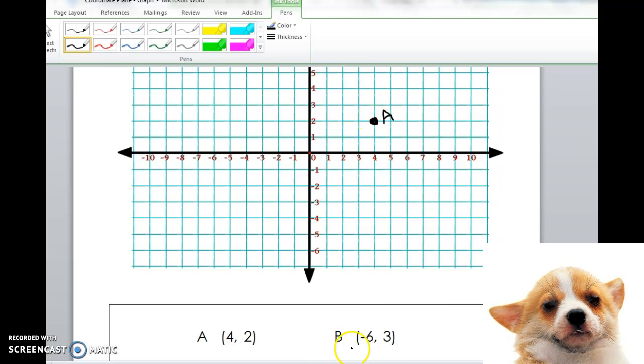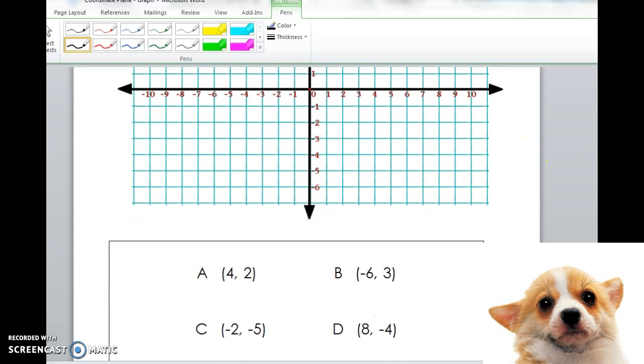Our next point is B at (-6, +3), so start in the middle. I'm going to go -6 on my x and up +3 on my y. And I'm going to graph this point B. C is (-2, -5).